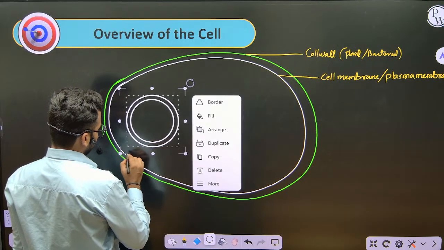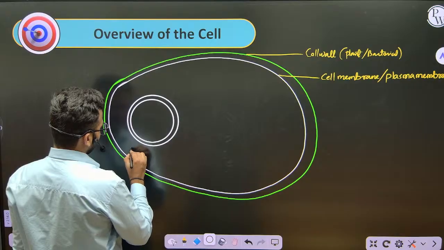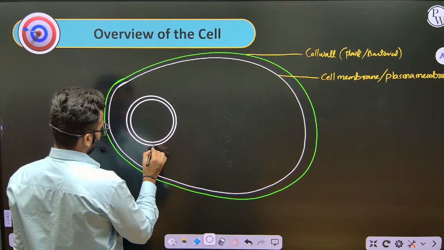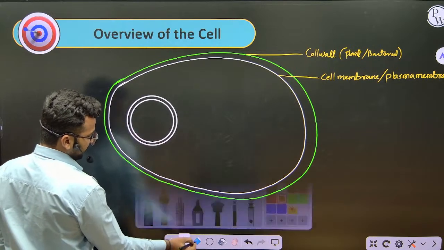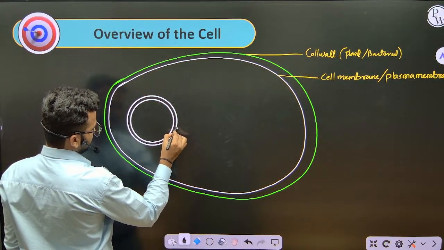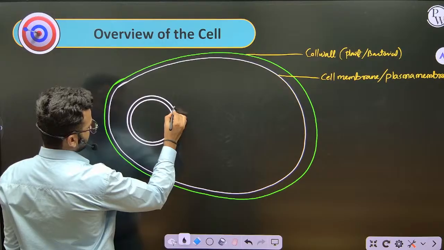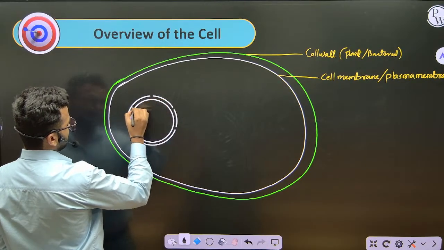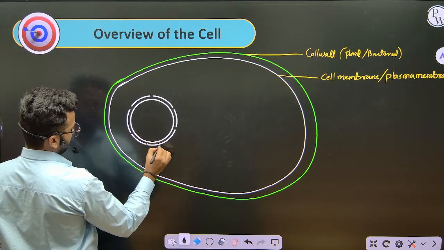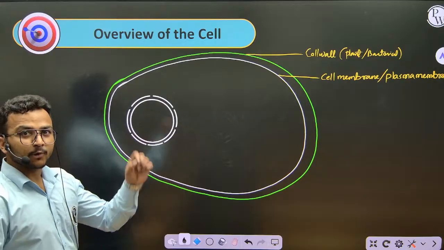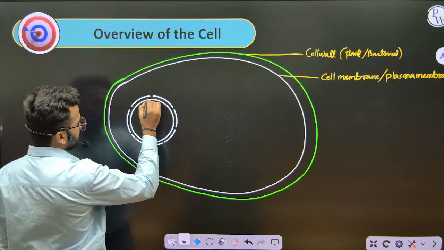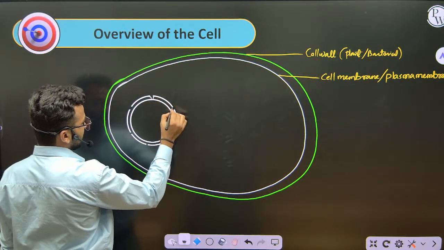It has pores, nuclear pores will be there. So it is actually the nuclear membrane; the nucleus has a double membrane.